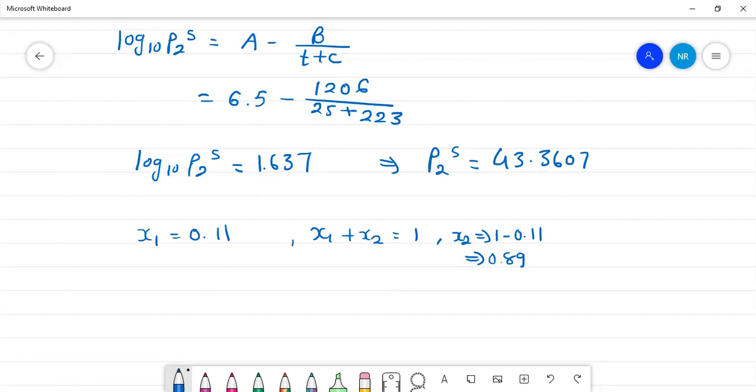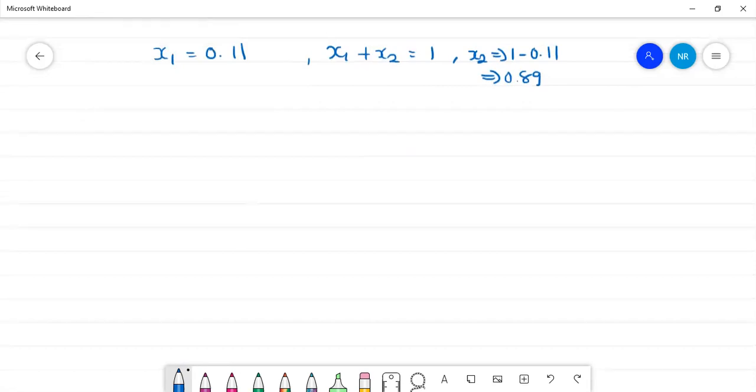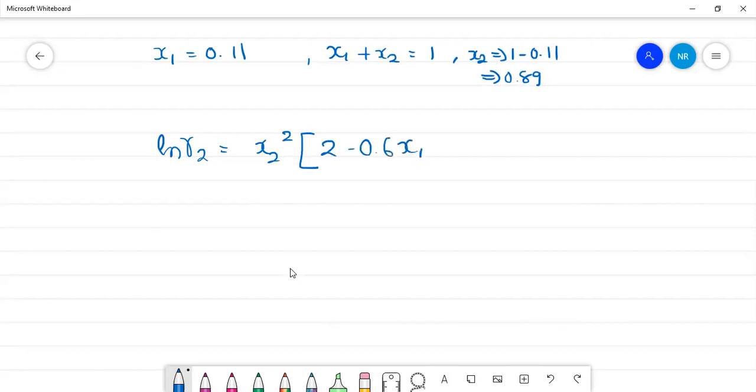So let's see, ln gamma 1 is equal to x2 square times (2 minus 0.6 x1), so 0.89 square times (2 minus 0.6 multiplied by 0.11).